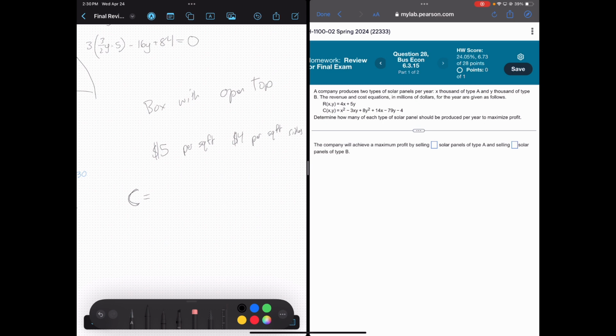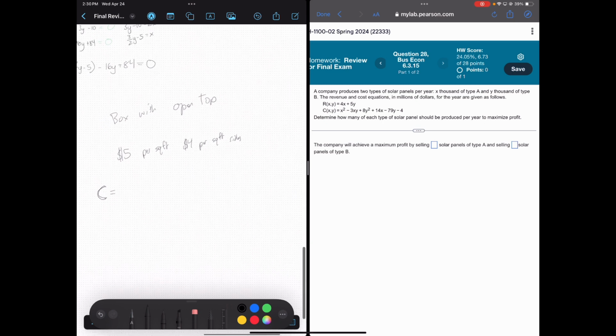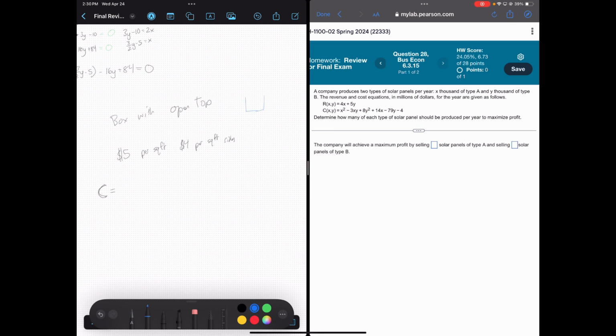Well, a picture might help. If I draw a picture of this, here's my length, here's my width, and here's my height.